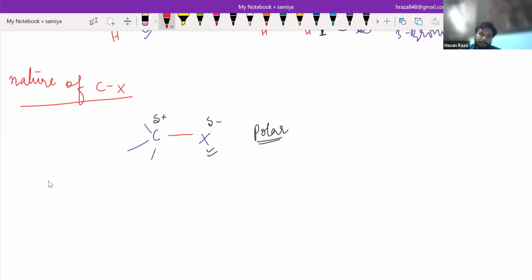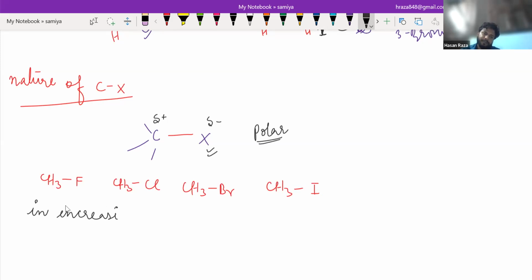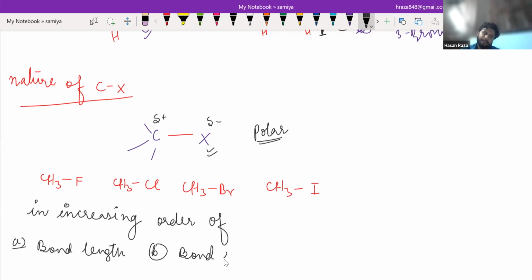So there are some questions. We are going to arrange CH3F, CH3Cl, CH3Br, CH3I in increasing order of A, bond length, B, bond enthalpy, and C, dipole moment.